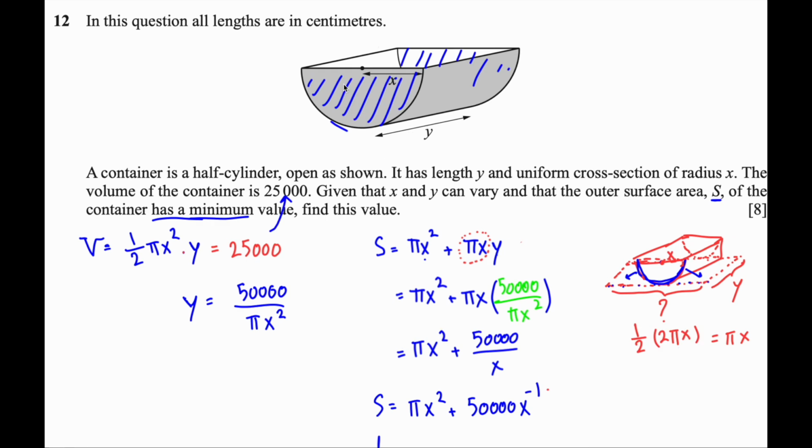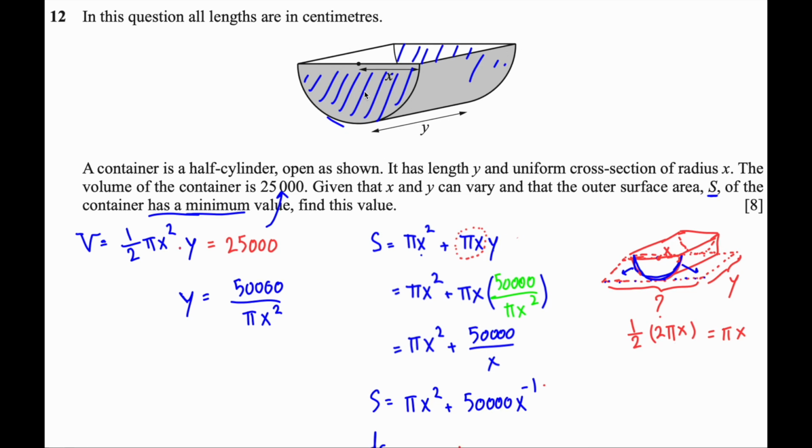The area of this base would be half of pi x squared, because what we have is basically a semicircle, and you multiply that by y, the depth of this half cylinder, and that should be equal to 25,000 as mentioned in the question. You make y the subject of the equation and you get 50,000 over pi x squared.